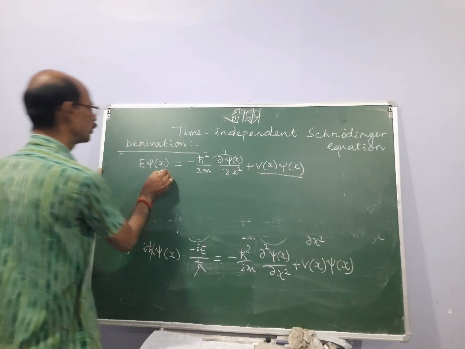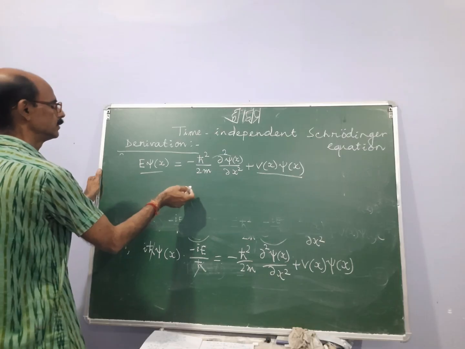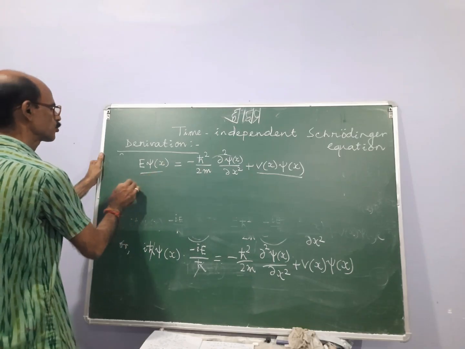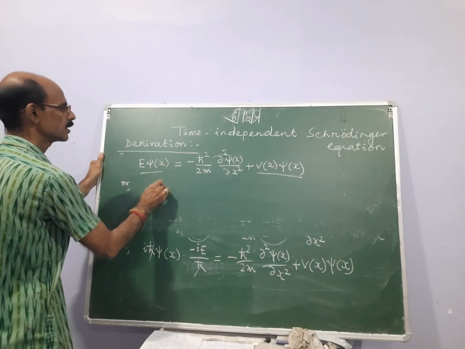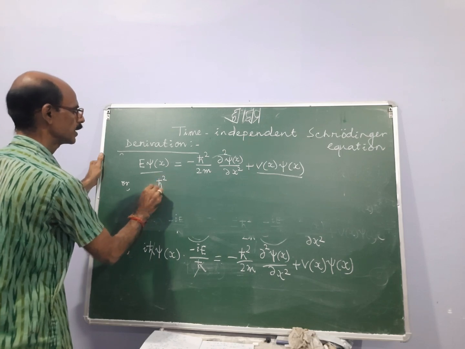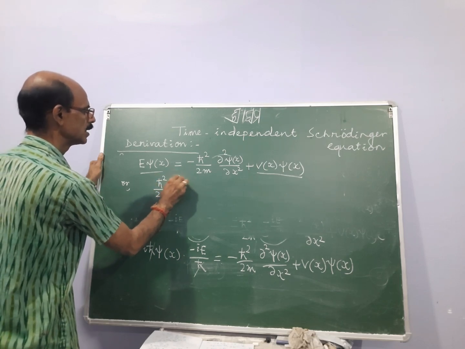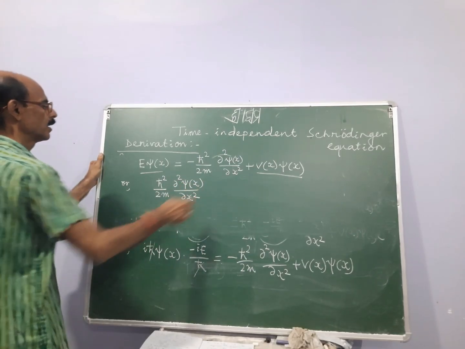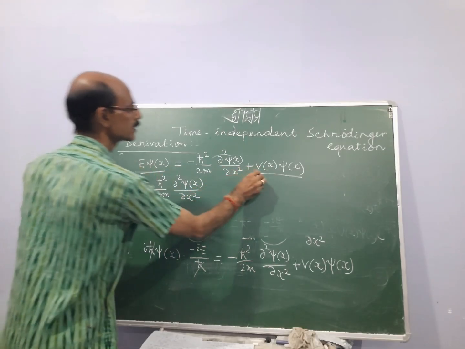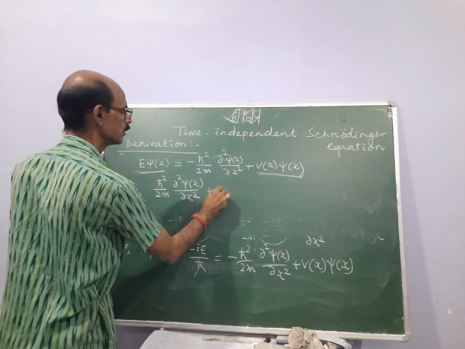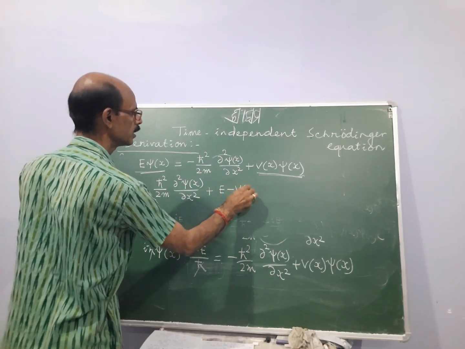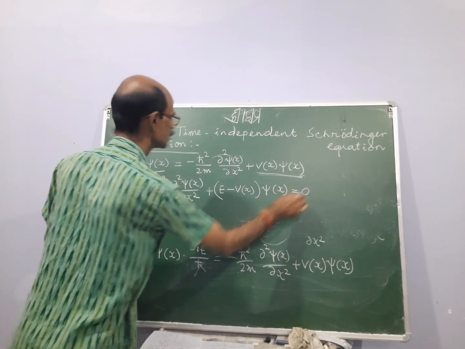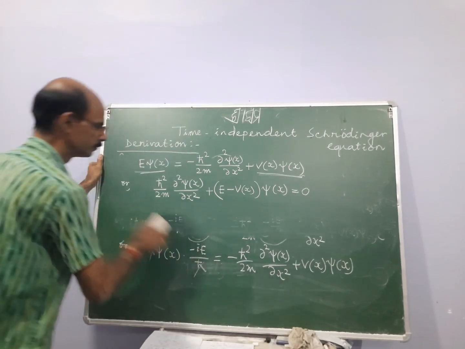Now put these together and multiply with 2m by h cut square, or bring this side h cut square by 2m del square psi x by del x square, and in E psi x and V psi x take psi x outside, so we obtain (E minus V x) psi x is equal to 0.